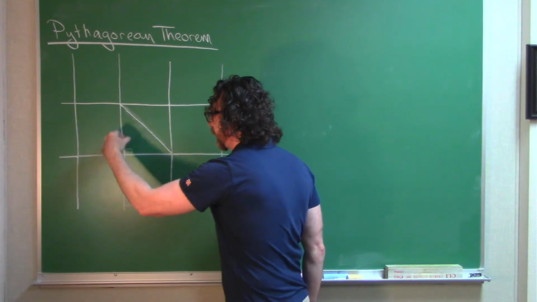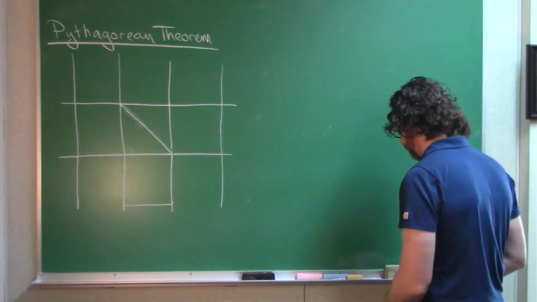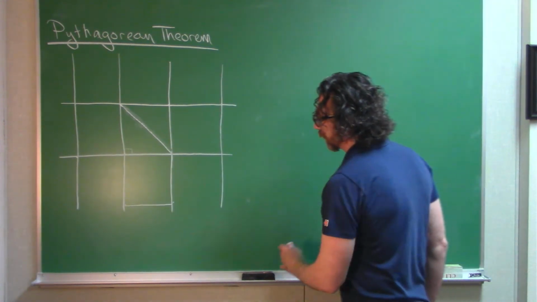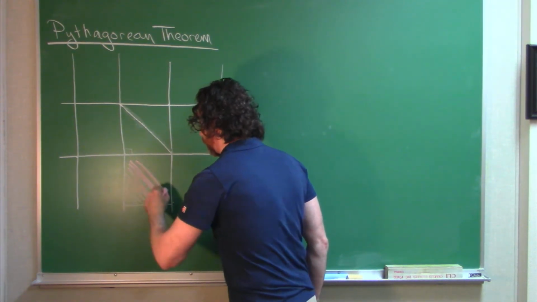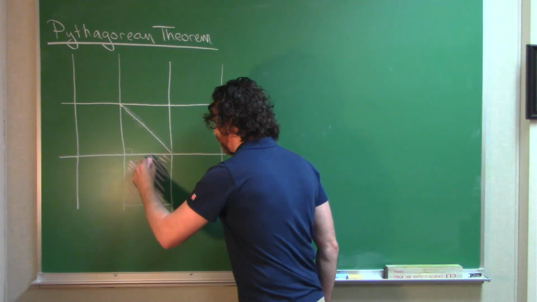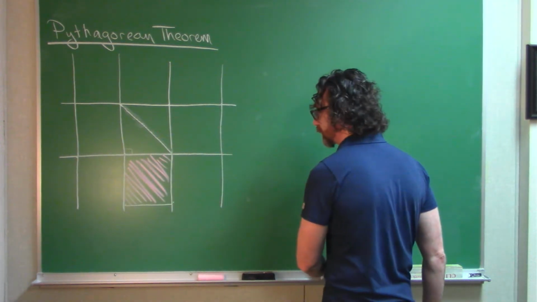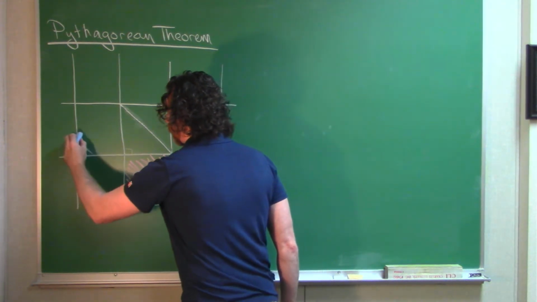Now on the legs of my right triangle are squares. I'm going to use a couple of different colors here to shade these in. So maybe I'll shade this one in that kind of pinkish color, and this one I'll do in the blue.